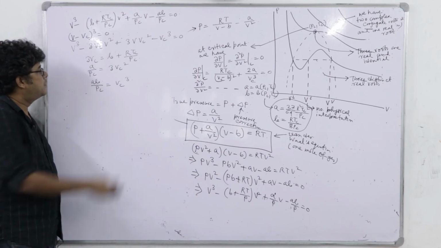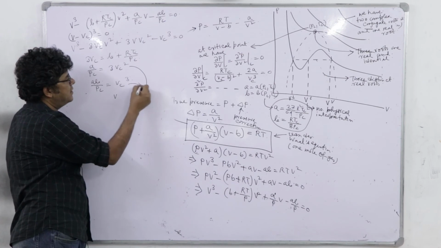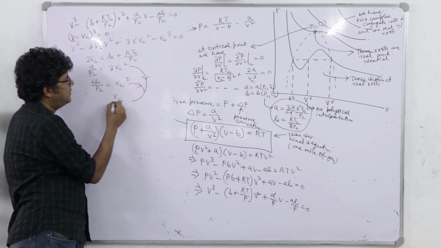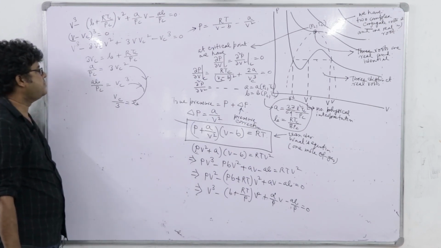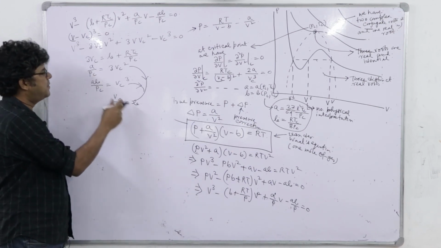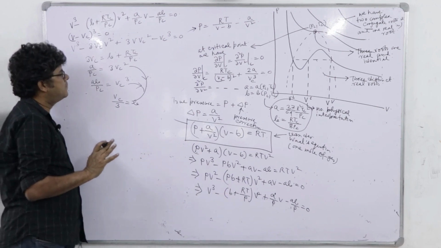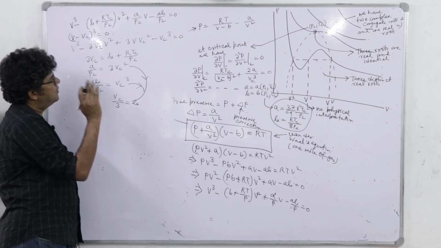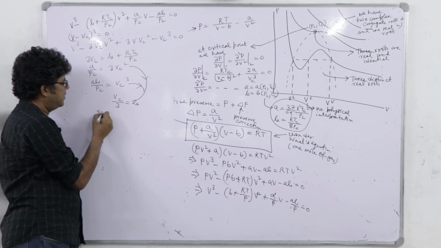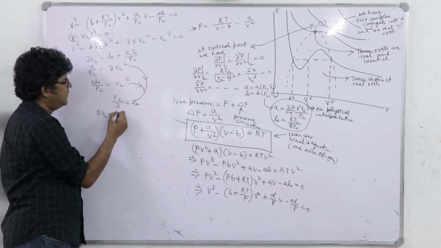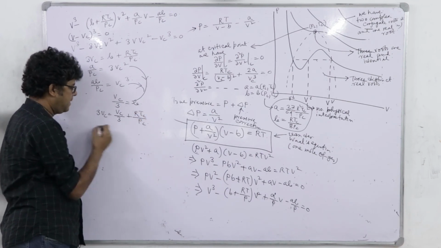Right. So, if we divide this, from here and here, I will get Vc divided by 3 is equal to B. B is simply Vc divided by 3. Okay. So, here if I substitute, this is Vc divided by 3 plus RTc by Pc.